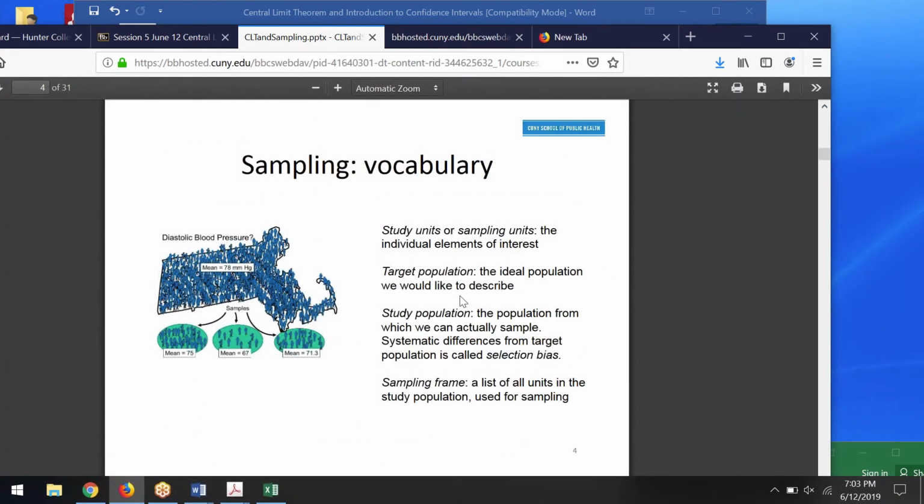The sampling units are basically the individual people within that population that we're sampling. The target population is the population that we want to describe by taking samples.